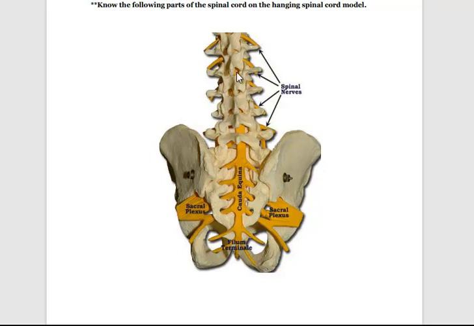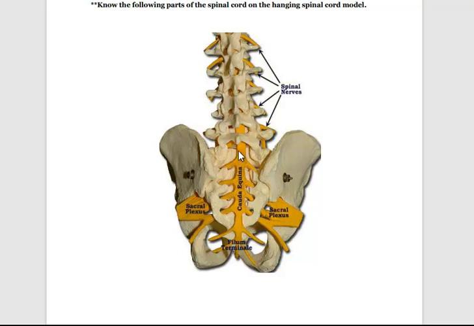So as you come down the spinal column, you get to what they call the cauda equina, or horse's tail. Equina means horse. So there's the horse's tail, and it branches off, and then it joins together out here to make the sacral plexus. So a plexus is a union out here.